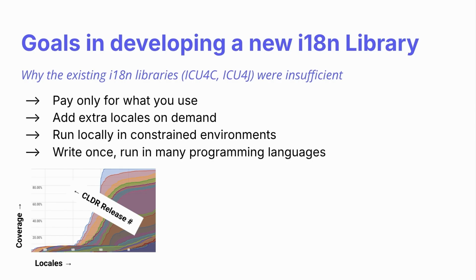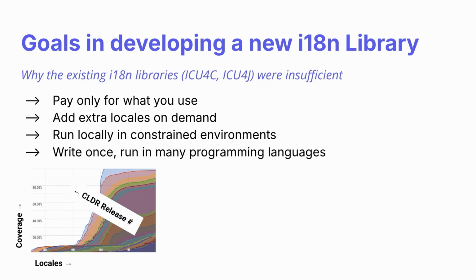So what you read from this graph is that with every CLDR release, CLDR supports more locales and more languages, and it means that you have a quadratic growth of data. And what this means is that libraries like ICU4C that ship all of the data in one, which is great for certain use cases and has worked since the 1990s, don't scale in the way that we would like them to scale.